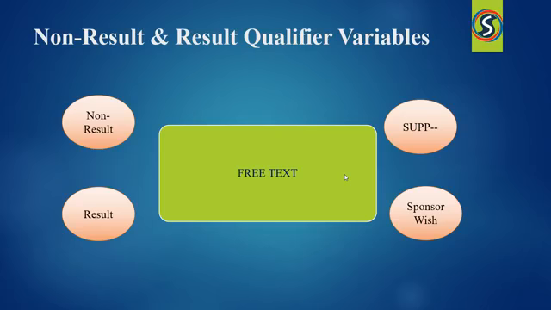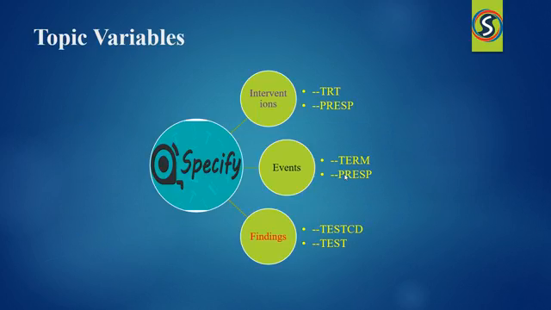So you can also note that rules for the use of other, specify for the result qualifier variable may be objectives are like variables unique to findings about. So specify values for topic variable, interventions. So it can be specify your values for interventions, events, and findings.